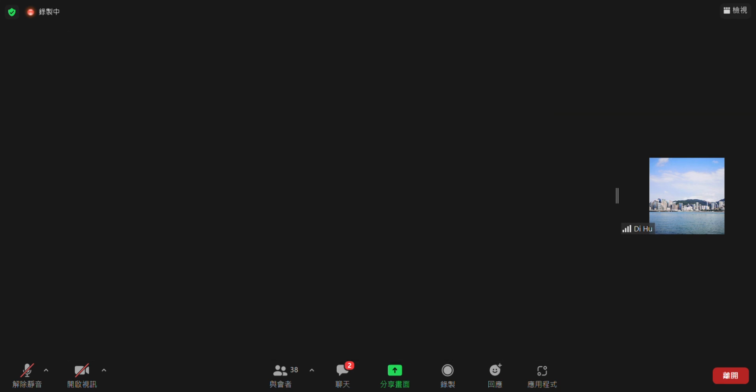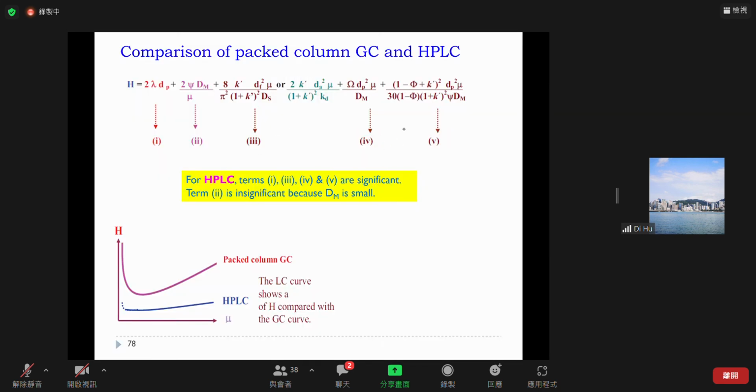How about we say capillary column? Which term is important? Is term 1 important for capillary? No, you already mentioned that. How about term 2?